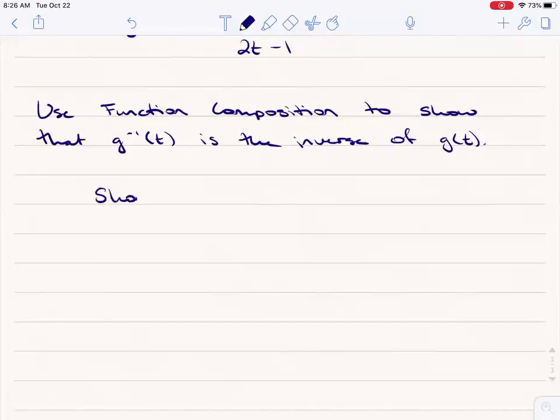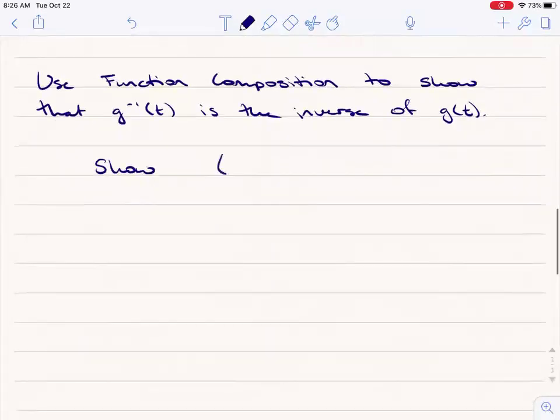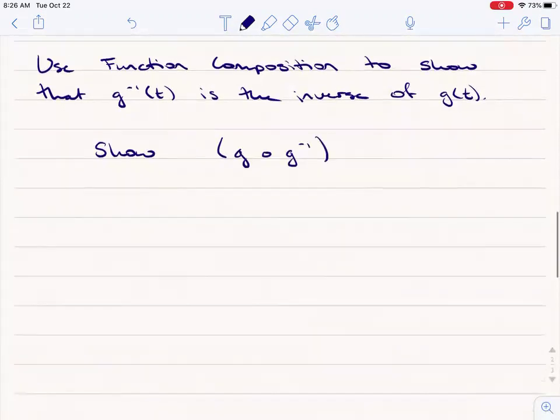What we're about to show is that g composed with the inverse of g, and t or x. X again? Like I said, it doesn't matter.